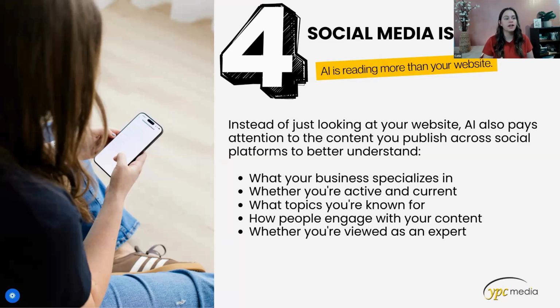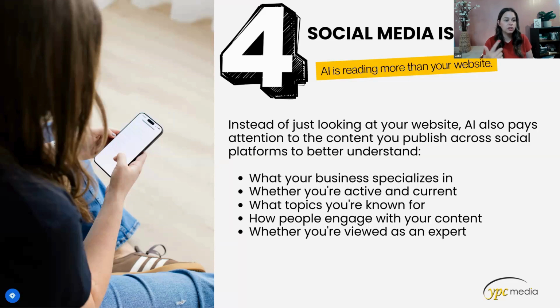It comes down to they found that reel had the most specialized information for what I searched. And instead of looking at the website, it was able to find a really good match to my conversation. So it really does matter what you publish across your social platforms, because it's going to show your specialization. It's going to show that you're active and up to date. It's going to talk about what topics you're known for.